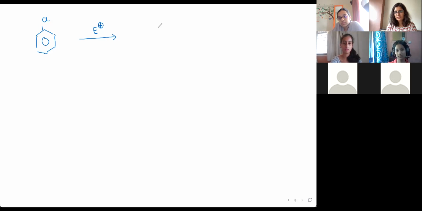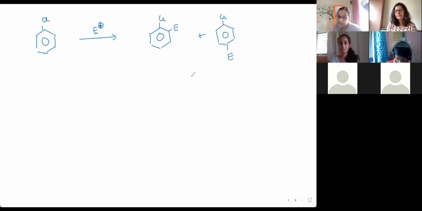Correct, ortho-para position. And the reason why it is ortho-para position, not meta? Because the plus charge would never be at the meta position in the resonating structures. Plus charge or minus charge? Minus charge. Yes.